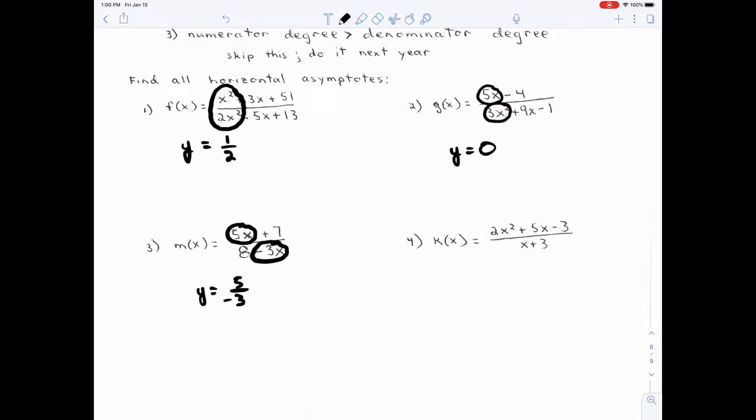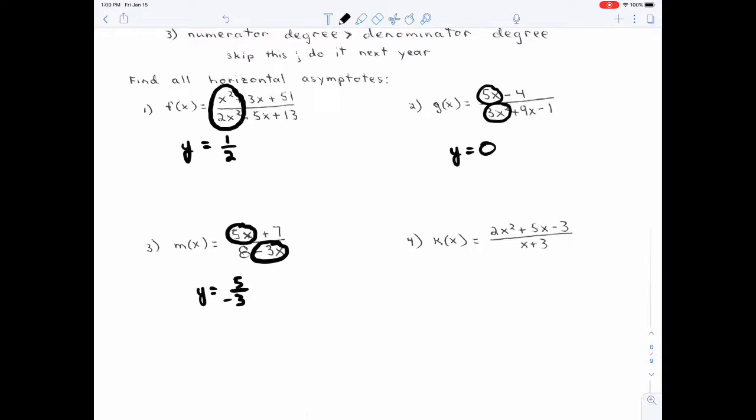But remember, you've got to look for a hole first. On number 1, the numerator didn't factor, so there isn't going to be any hole because nothing's going to cancel. Number 2, the denominator doesn't factor, so there isn't going to be any hole. Nothing's going to cancel. Number 3, nothing cancels.